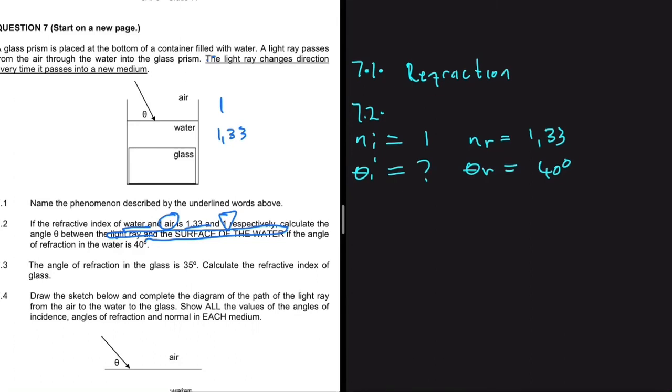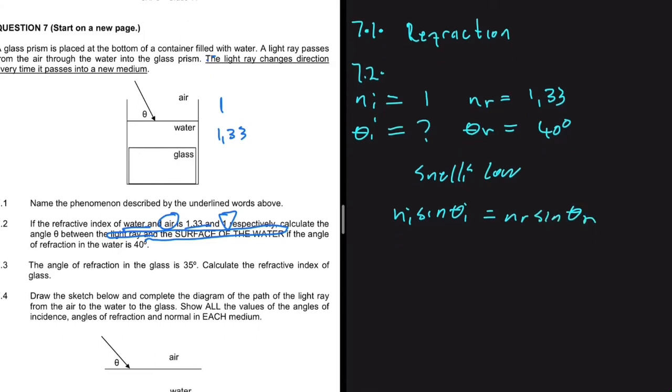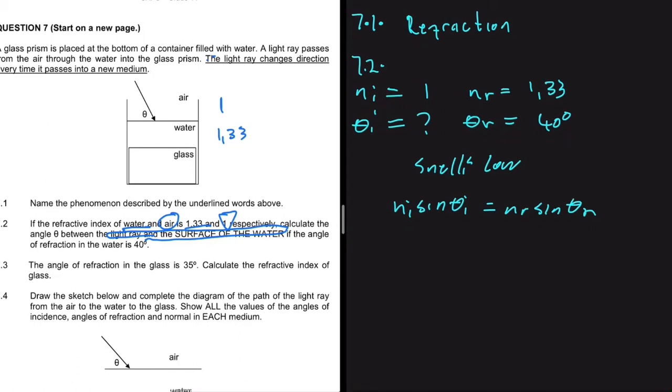It should be easy to see that we're going to use Snell's law, right? Which says that Ni sine theta of I is equal to Nr sine theta of R. You can use N1 sine 1 is equal to N2 sine 2, whatever you're comfortable with, right?